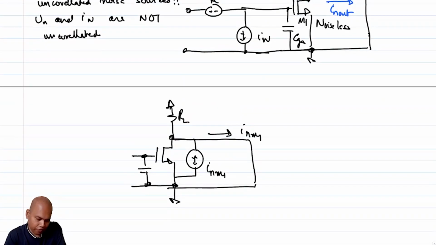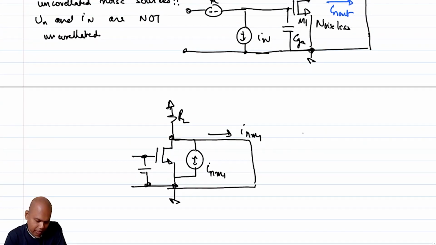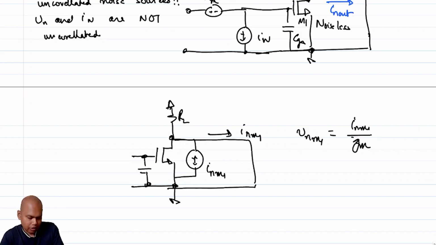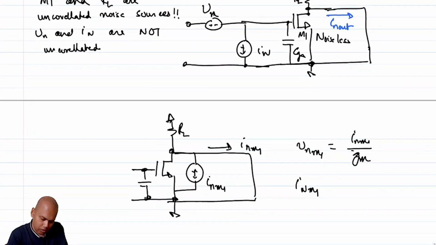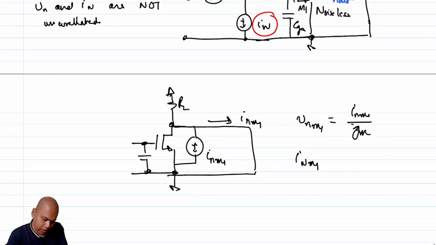So for the equivalent VN and IN, the VN for M1 is the same thing that I derived in the previous lecture, which is IN M1 over GM, and the equivalent IN M1 in this context is equal to J omega C by GM times IN.